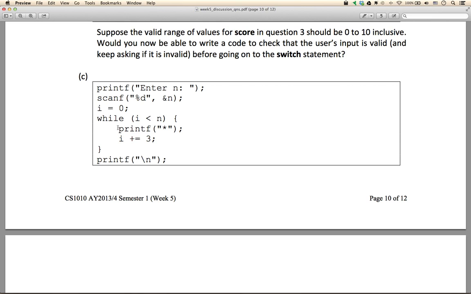Then we stop entering the loop, break out and go out. All right, let's have a look at how it can be written into other types of loops.